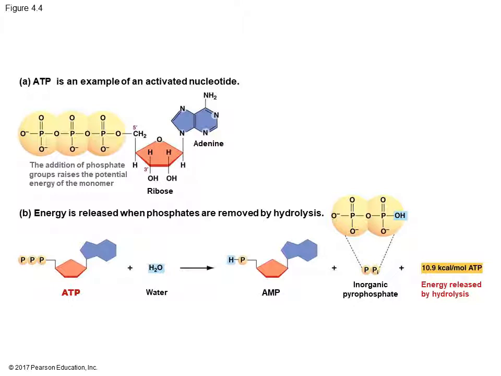If we break off two of those phosphates from the tail, when we break that bond, a lot of energy is released. How much energy? Exactly 10.9 kilocalories per mole. And that's enough energy to build a DNA molecule.